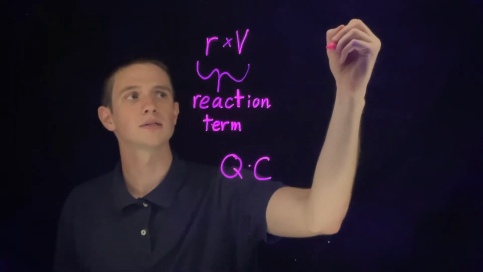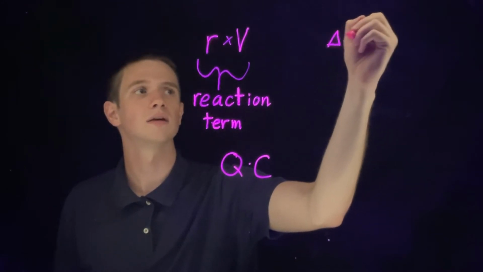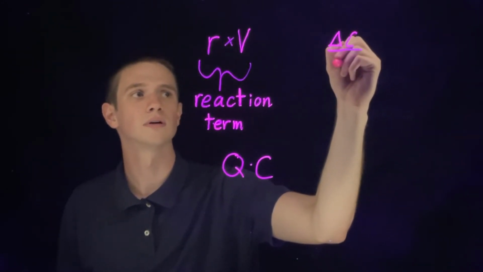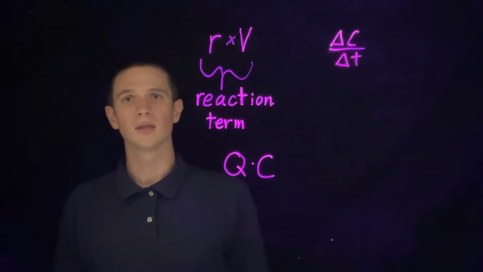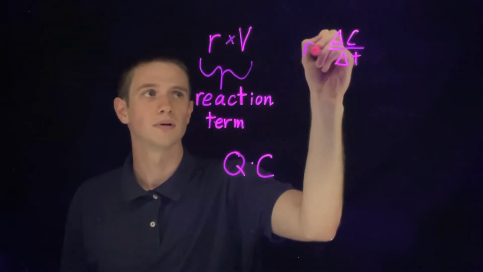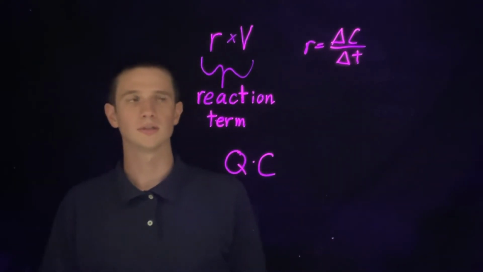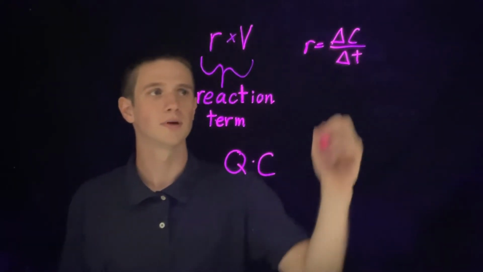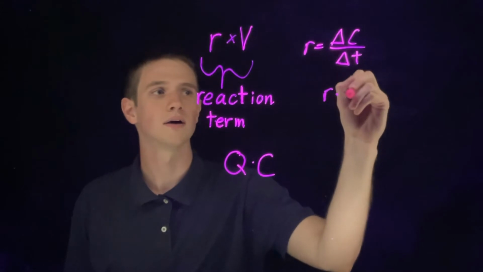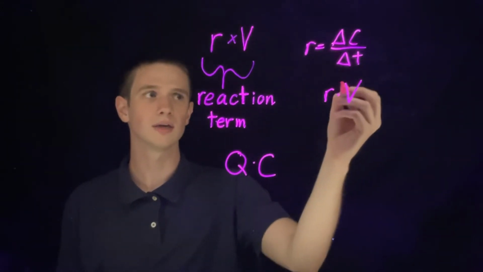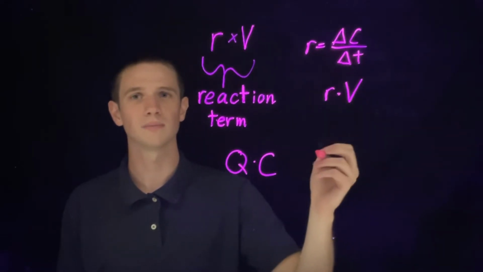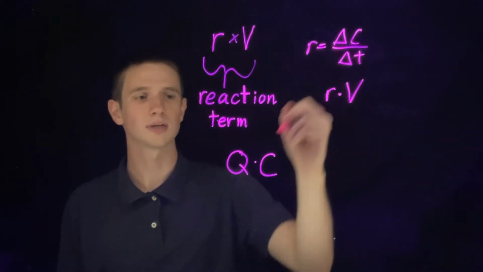We'll say this is like a change in concentration over a change in time. That's our R term. That's what R equals, the change in concentration over time. If we multiply R times volume, that gives us our flow rate, again, because volume over time is a flow, times the concentration.